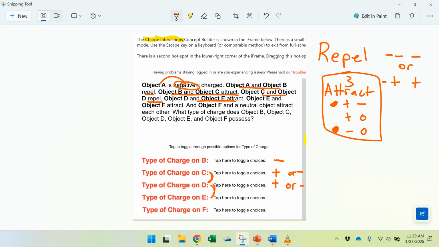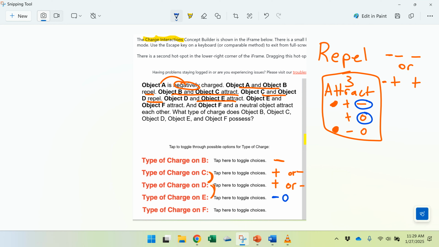Now what all can attract to a positive? A negative can attract to a positive, and a neutral can attract to a positive. So down here you would say, well, it could then be negative. It could be neutral.